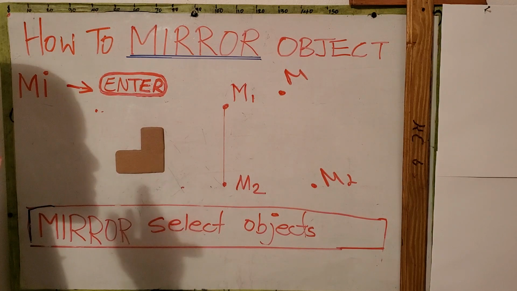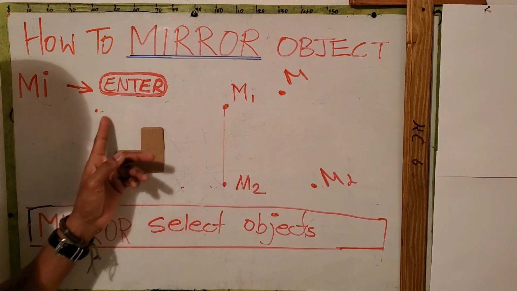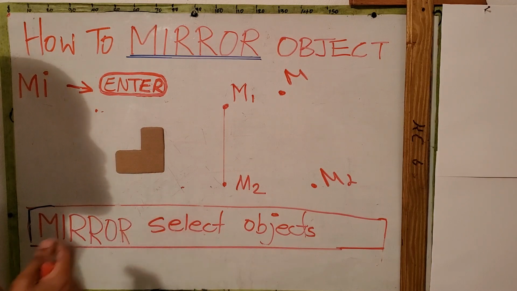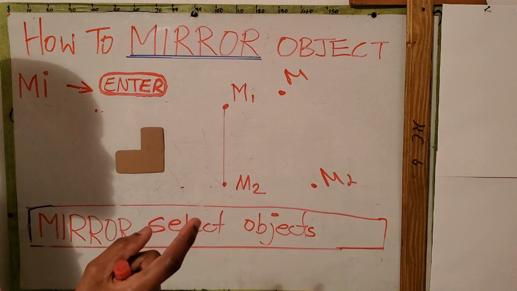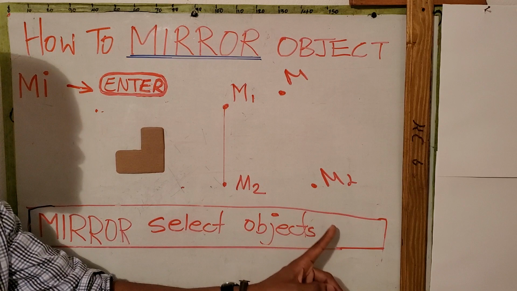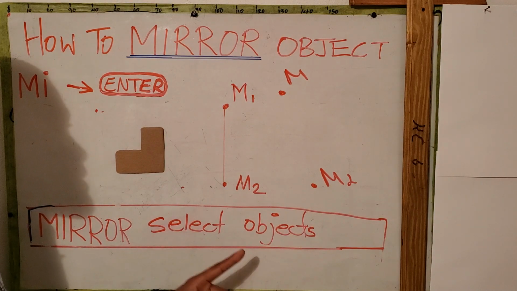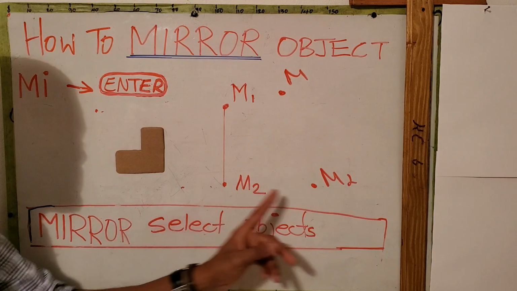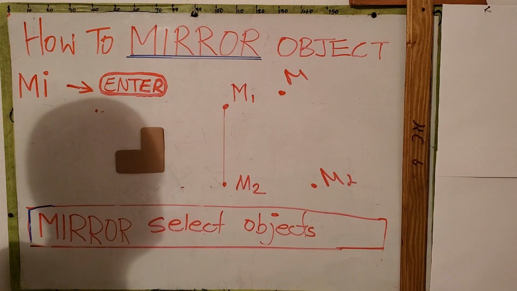After that, you'll need to click the enter key to tell the computer that, look, this highlighted object is really the object that I wish to mirror. A highlighted object is not a selected object until the command bar has changed from select object to mirror point. The command bar will then say specify the first mirror point.